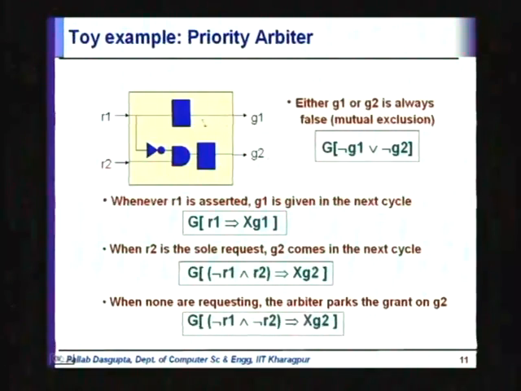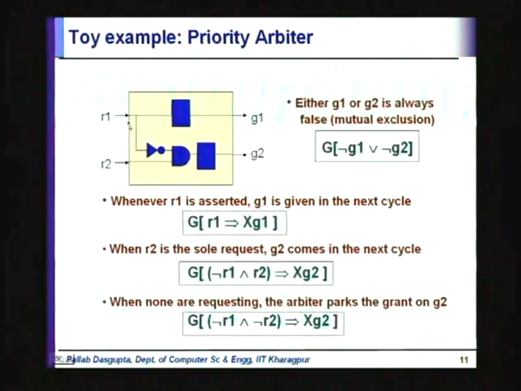Okay. And when R1 is not high, then G1 will be low in the next cycle, right. So, at each point of time we have either G1 or G2 is low.